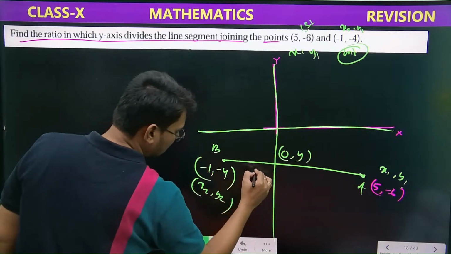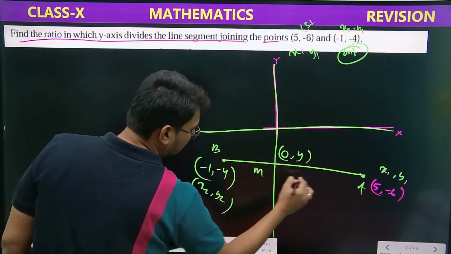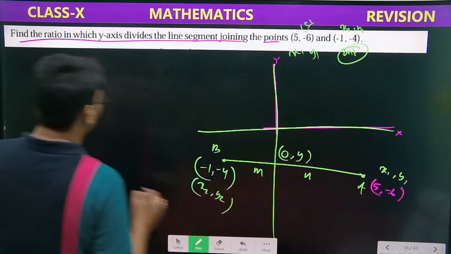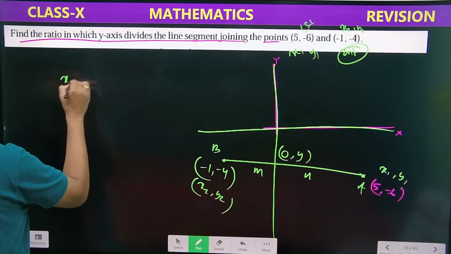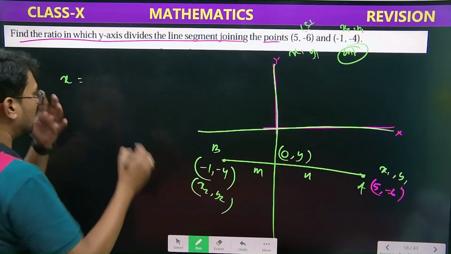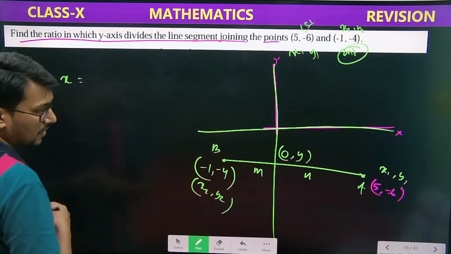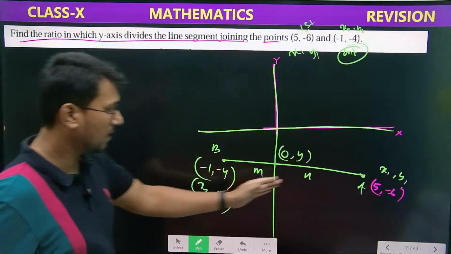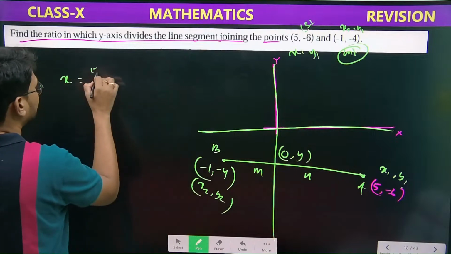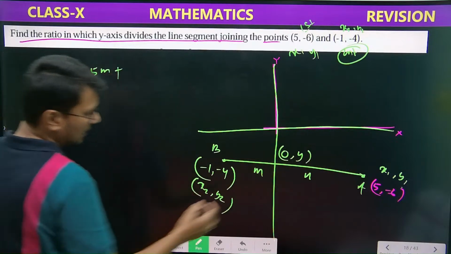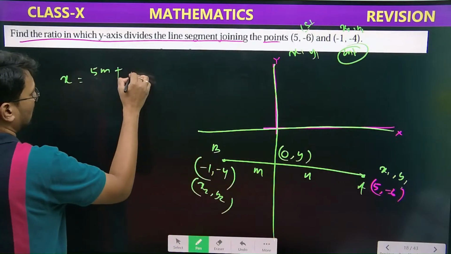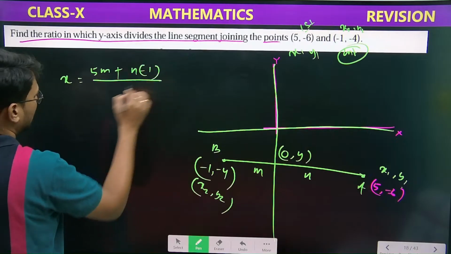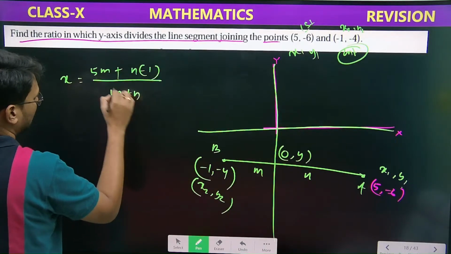Let me take the ratio m to n. You know the x coordinate is (mx2 + nx1) divided by (m + n). Here m into 5, 5m, plus n into -1, that is minus n, divided by m plus n.